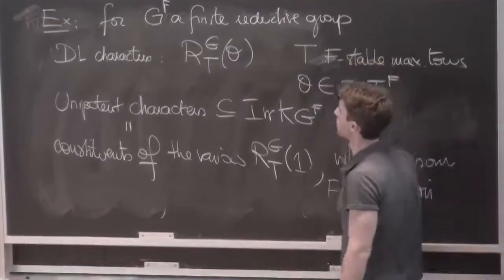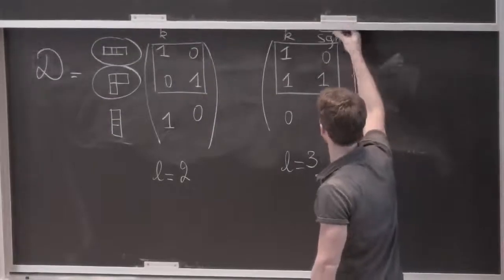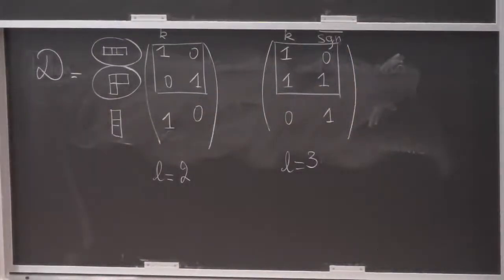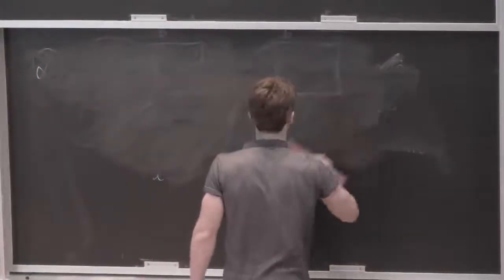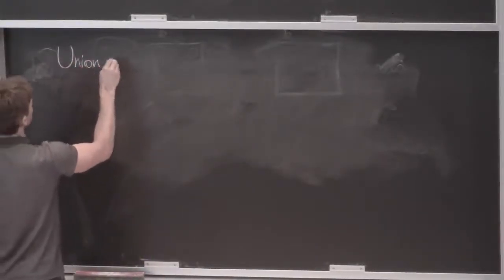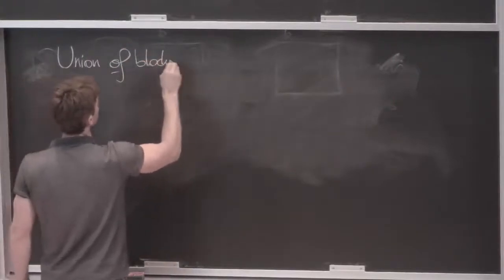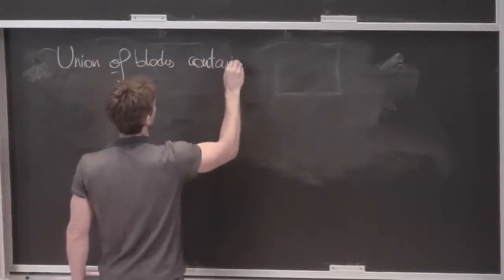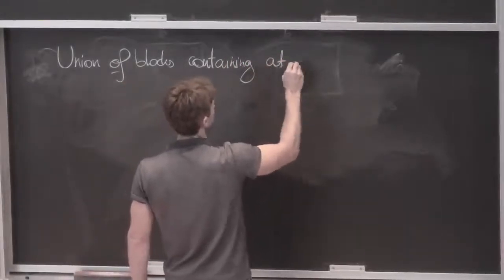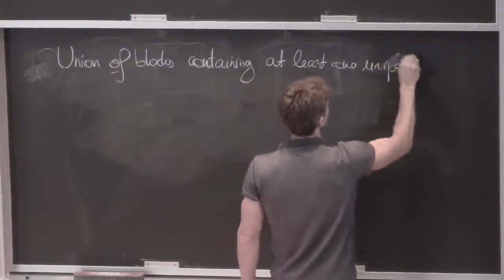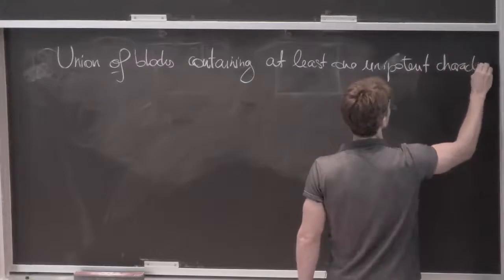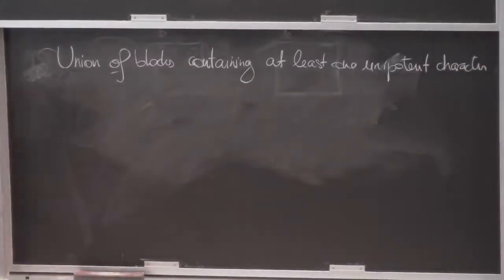And in that case, if you look at the union of blocks containing at least one unipotent character, okay, so you look at all the blocks of your finite group of Lie type.